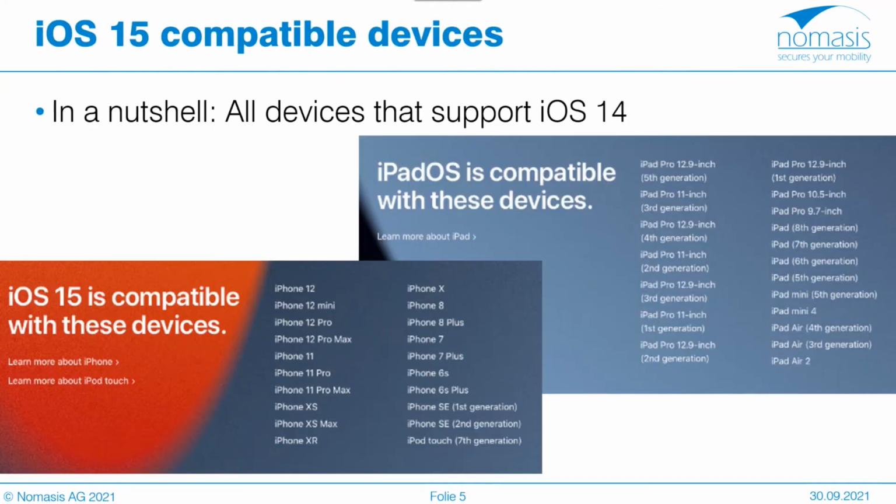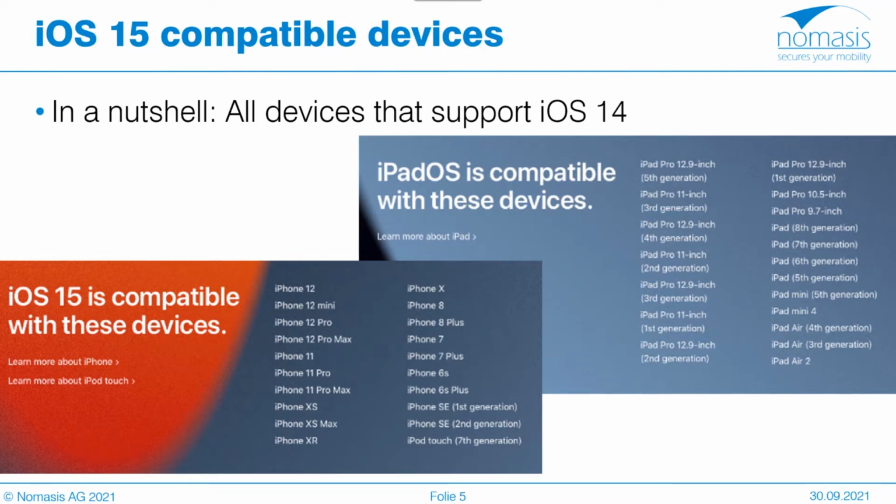So which devices are compatible with iOS 15? All of them, all the relevant ones at least. All the devices that have previously been supporting iOS 14 will also be able to update to iOS 15. So dating back to an iPhone 6S like this, and up to the newest versions.